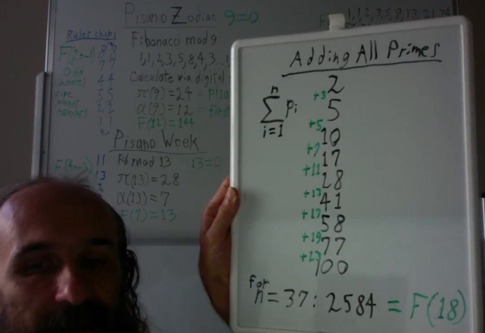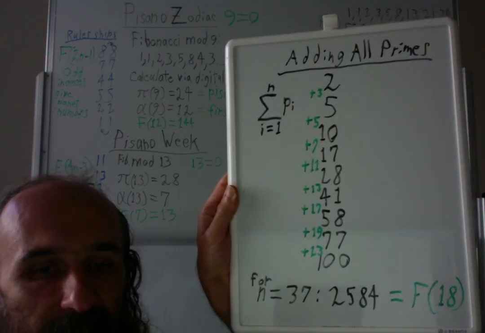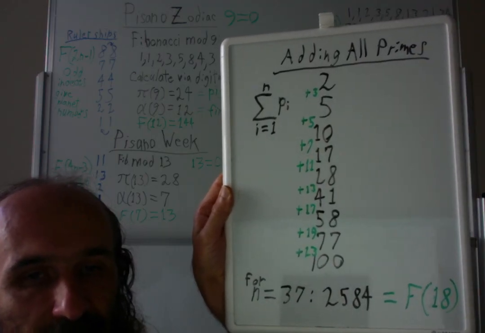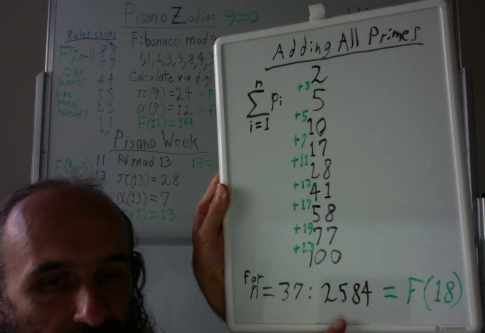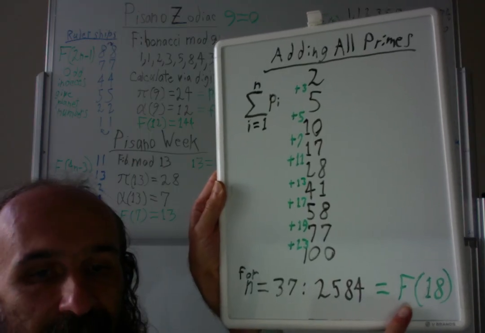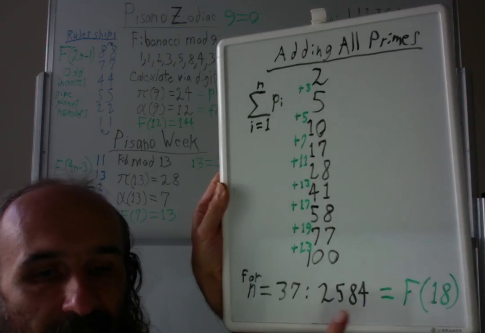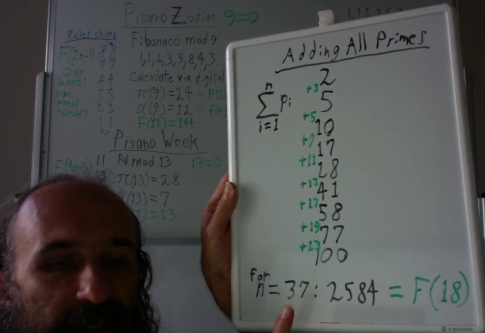So the 9th number we get in this sequence is 100, and if we keep going all the way to the 37th number in the sequence here, we get a Fibonacci number. 2584 is the 18th Fibonacci, as well as the sum of the first 37 primes.